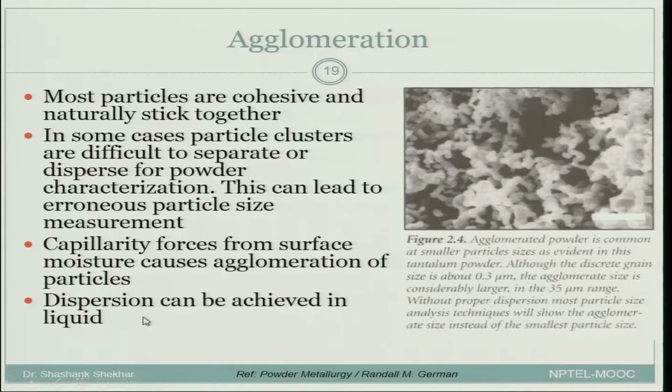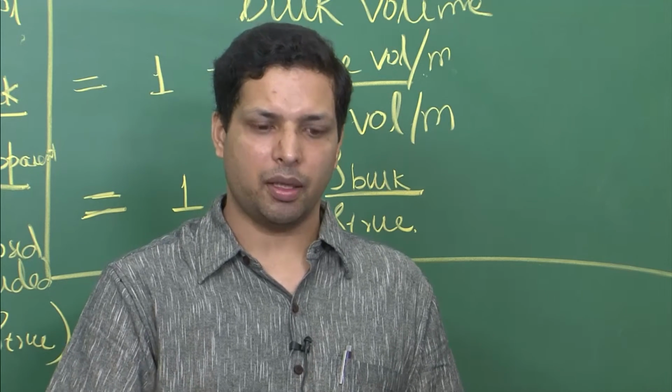So let us look at the slide here. Most particles are cohesive and naturally stick together, and why are they cohesive? Again, the driving force is the reduction in the surface energy. In some cases, particle clusters are difficult to separate or disperse for powder characterization. Sometimes the particles have agglomerated so much that it is not even possible to separate them out.